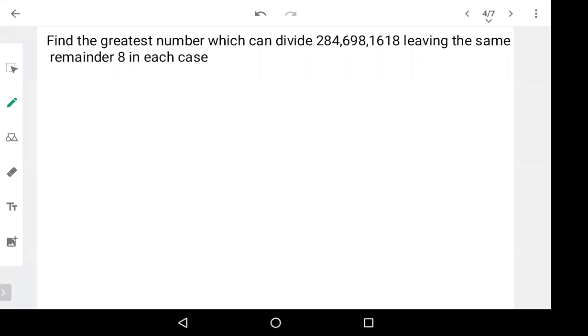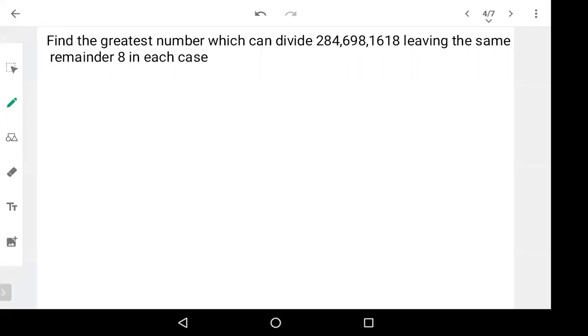Okay, so let's read the question. Find the greatest number which can divide 284, 698, 1618, leaving the same remainder 8 in each case.